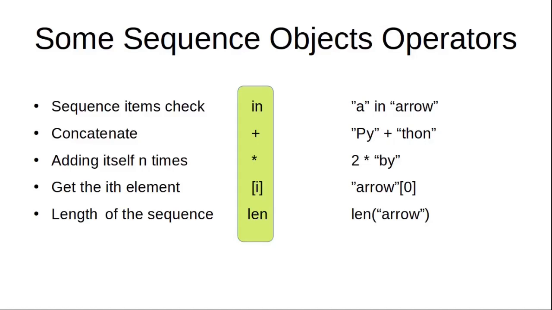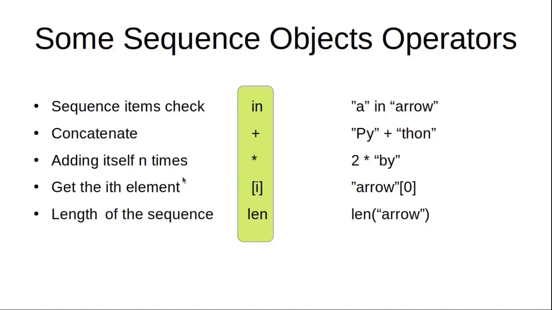Strings are sequences, so we can use sequence object operators with strings. Sequence item check: for example, 'a' in 'arrow' will return True. We can concatenate two sequences: 'pi' plus 'ton' will give me 'python'.